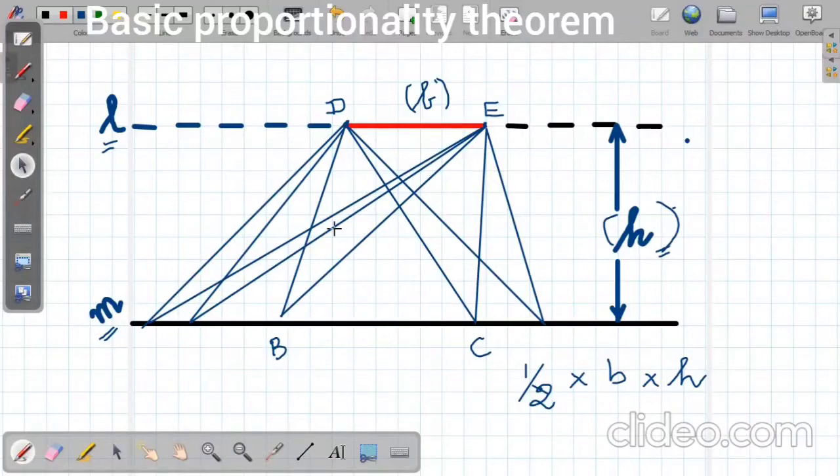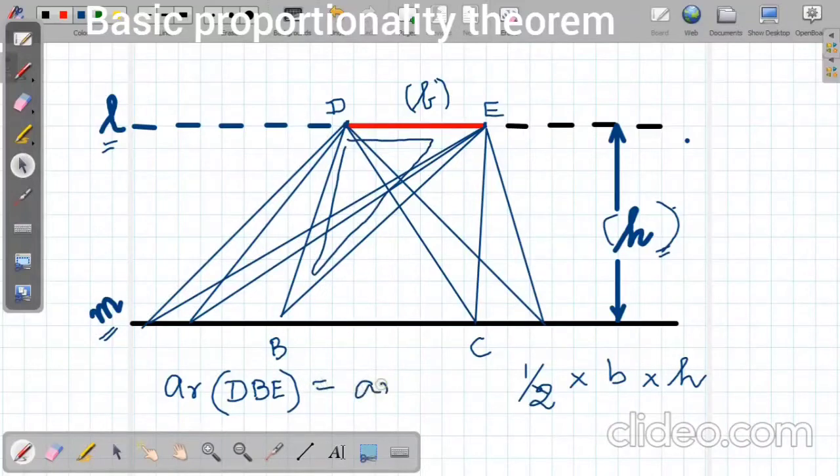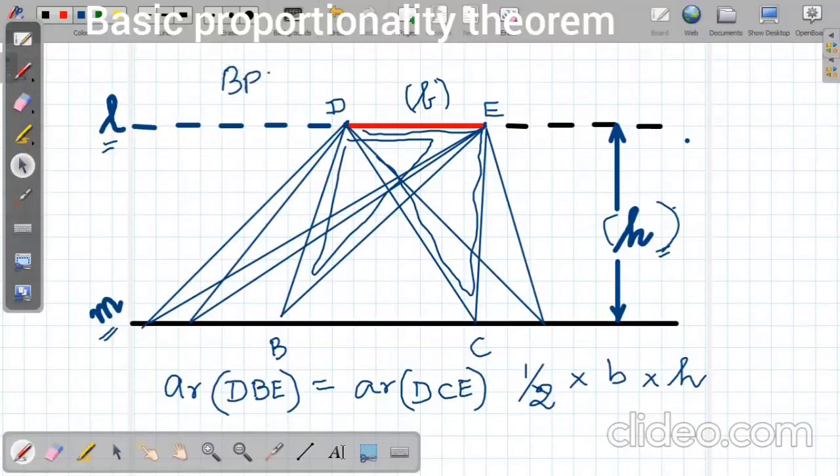Suppose, for example, area is normally expressed in this way. AR DBE means the area of this triangle is equal to AR DCE, the area of this triangle. So from this only we are going to apply in the BPT theorem.